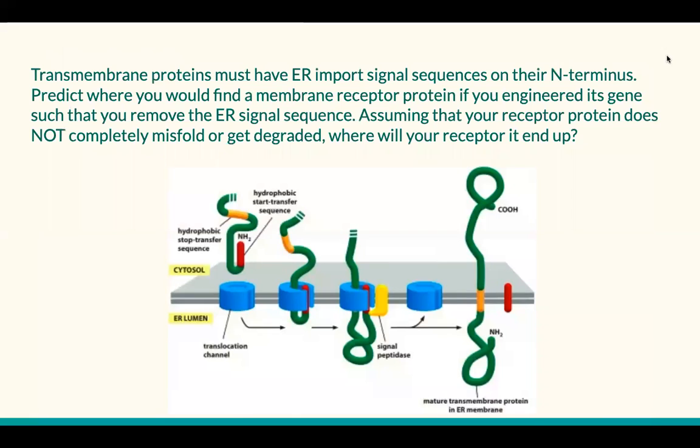Predict where you would find a membrane receptor protein if you engineered its gene such that you remove the ER signal sequence. Assuming that your receptor protein does not completely misfold or get degraded, where would you find your receptor? And membrane receptor protein is just another word for transmembrane protein.